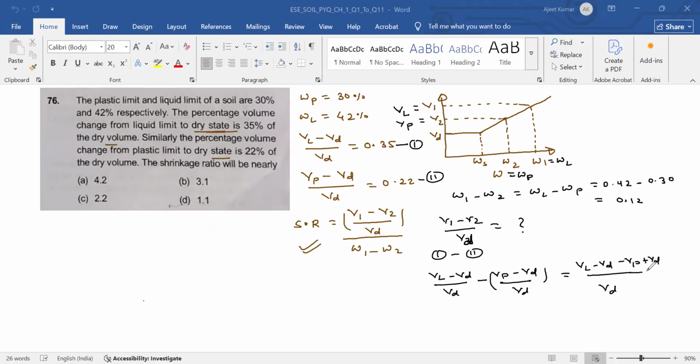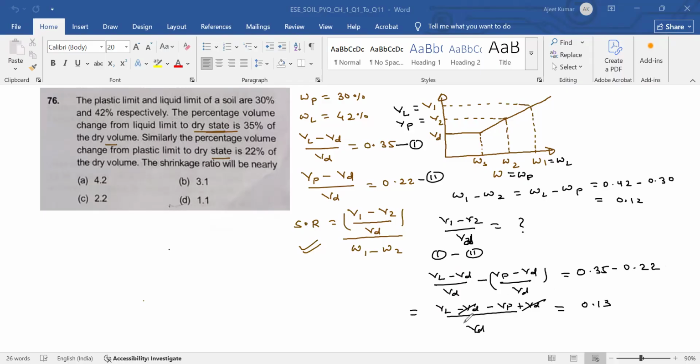The difference of these two is 0.35 minus 0.22, which is 0.13.